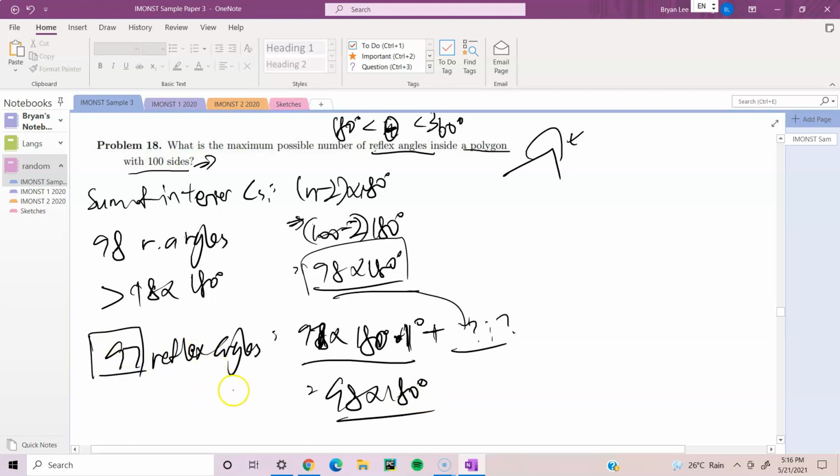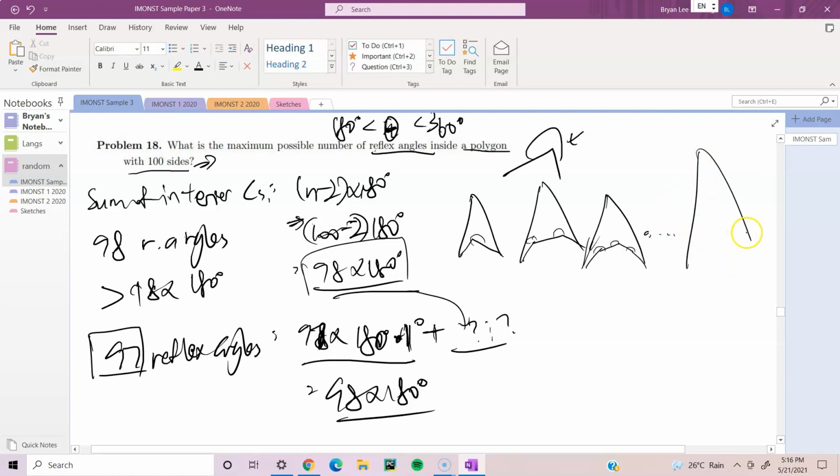So we would want to demonstrate that this is in fact possible, okay? So let's start small. For a polygon with 4 sides, meaning a quadrilateral, we will have 1 reflex angle. For a polygon with 5 sides, 2 reflex angles over here. And then for a polygon with 6 sides, 3 reflex angles, and so on and so forth.